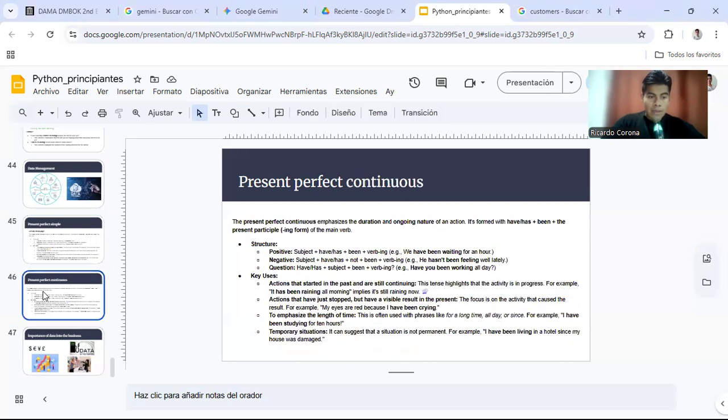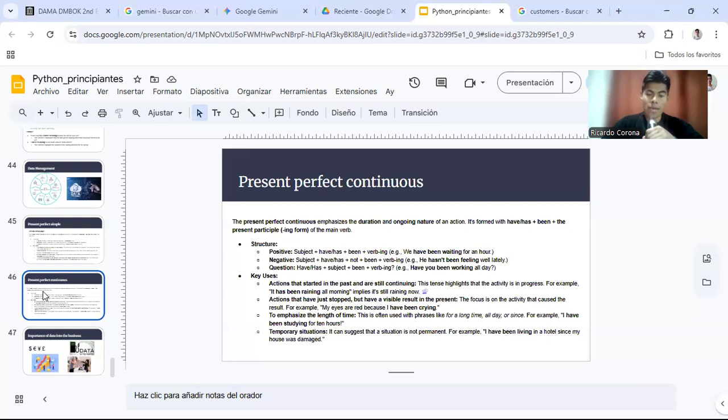Now we have the use of present perfect continuous. The present perfect continuous focuses on or emphasizes the duration and ongoing nature of an action.